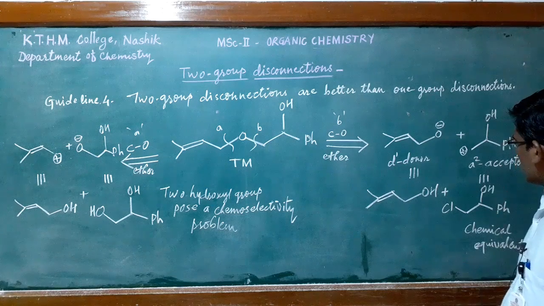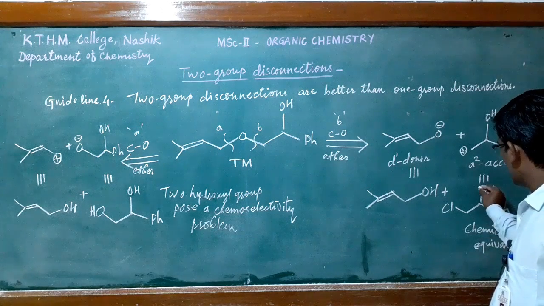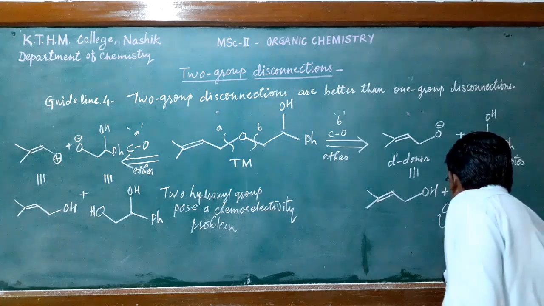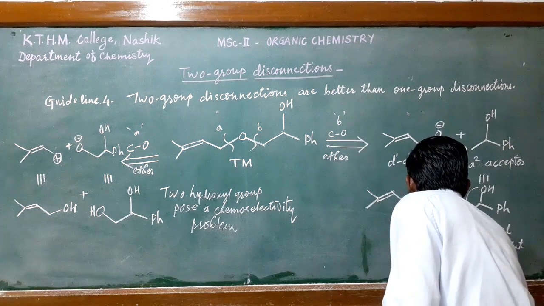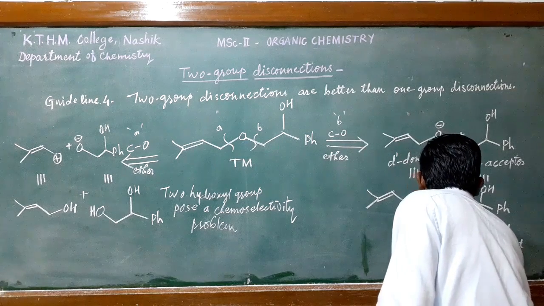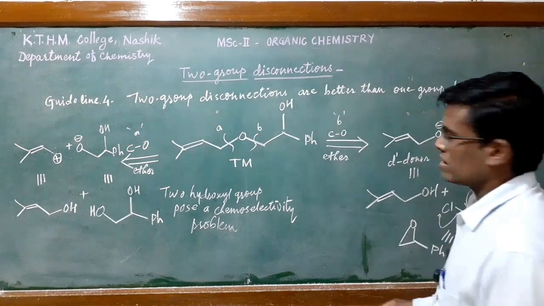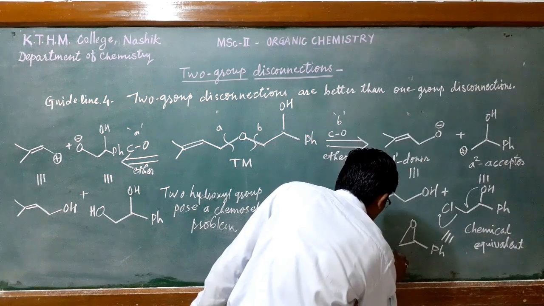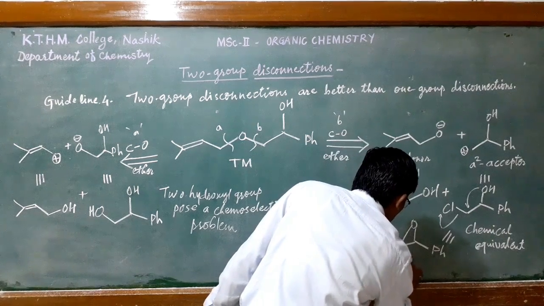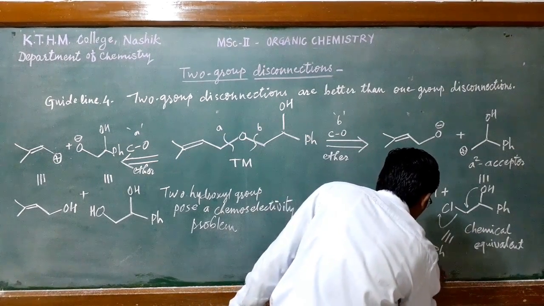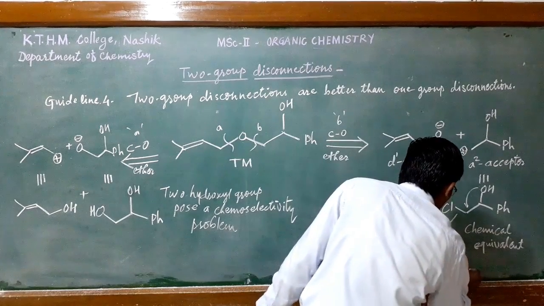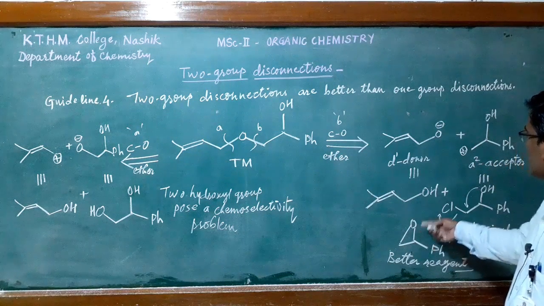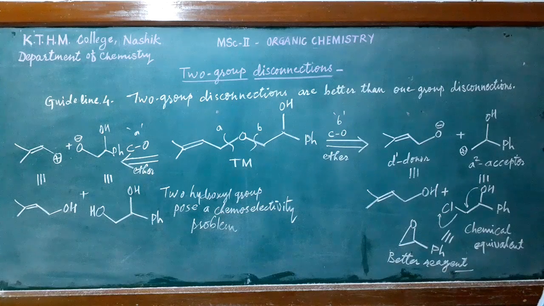This oxygen has a lone pair, so if you think of this lone pair kicking out the chlorine, you get this kind of chemical equivalent. This is the better option, the better reagent. This epoxide is the better equivalent for this particular synthon.